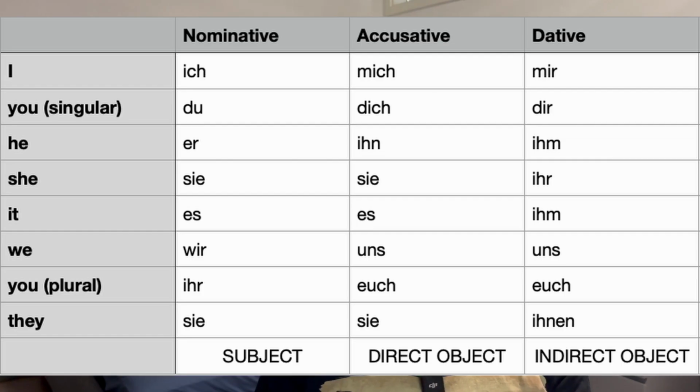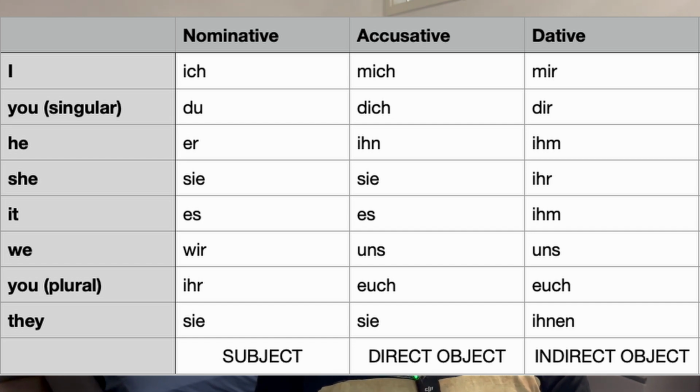So the pronouns for the dative case are mir, to me, dir, to you, ihm, to him, ihr, to her, ihm, to it, uns, to us, euch, to you, plural, ihnen, to them.